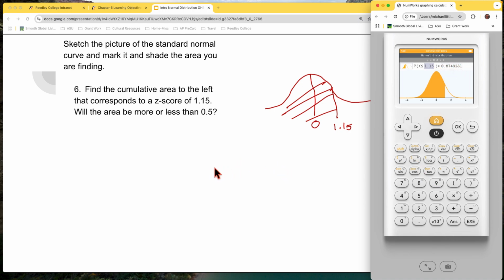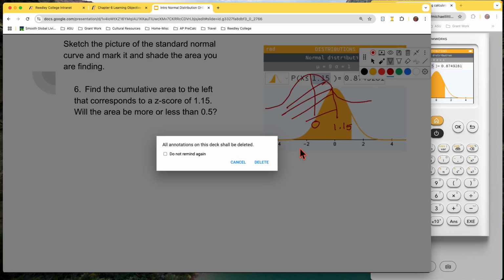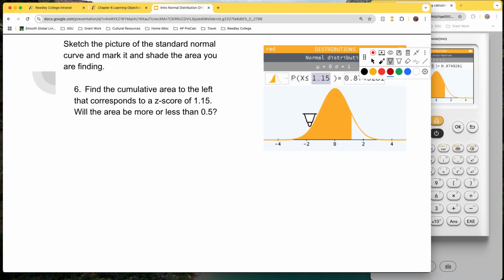And so, I did this a little bit earlier. I can take away my picture because you can't necessarily paste your calculator picture in there. Erase it. Okay. So you should see something like this, right?